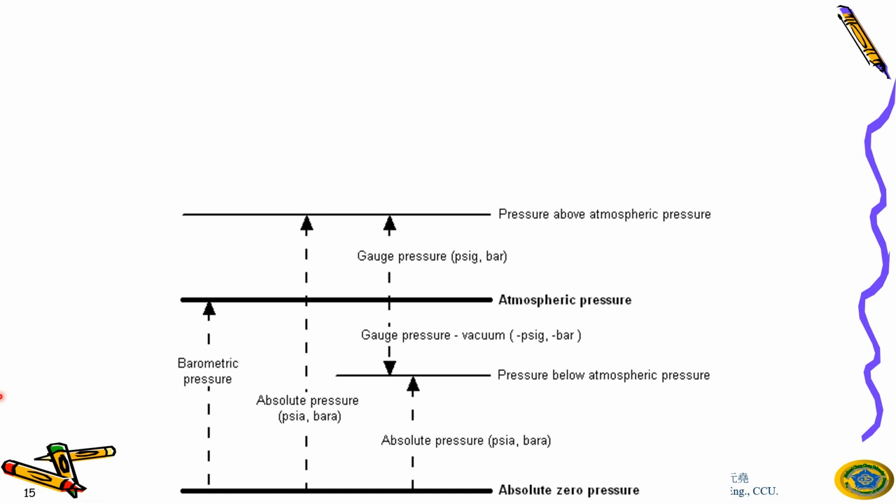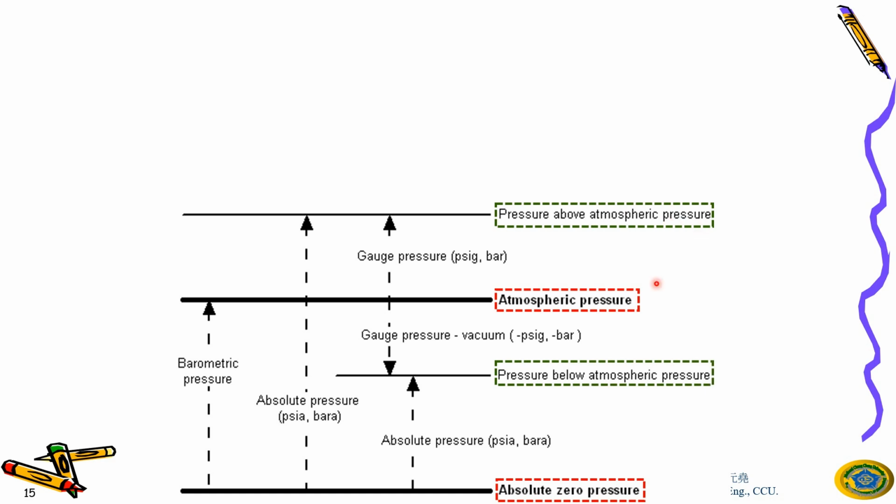Okay, this figure shows absolute zero pressure and atmospheric pressure. So you have the pressure above atmospheric and the pressure below atmospheric. And you have two different types of gauge.